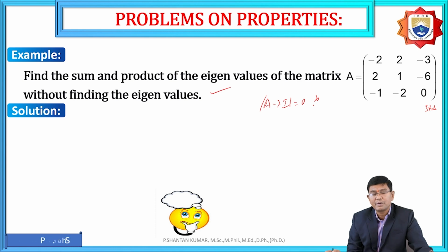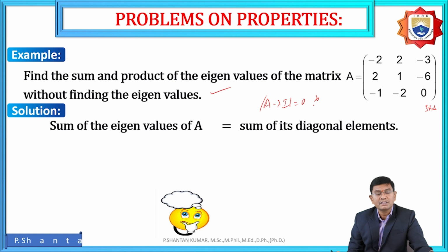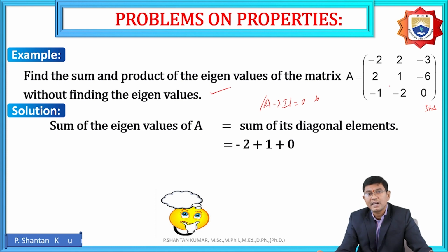We observe that by the property, the sum of the eigenvalues is always the trace of the matrix. Here the trace is minus 2 plus 1 plus 0, which is minus 1.